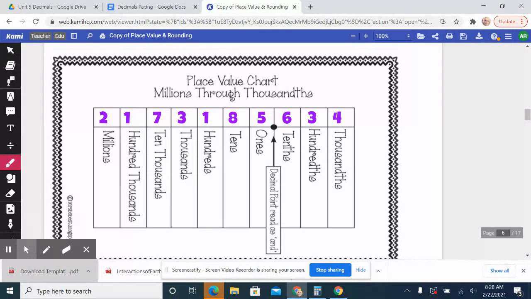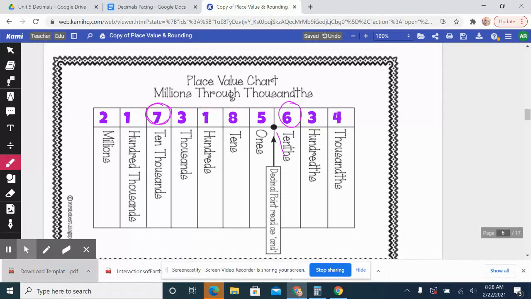So for example, if I were to say, what is the place value of the 6? You would tell me that it is the tenths. So the number that is closest to the decimal to the right, that is always the tenths. And you're going to need to memorize these. There's no easy way here. And then the place value of the 7, let's say I asked you that, 7 would be 10 thousandths, right? That would be your answer.